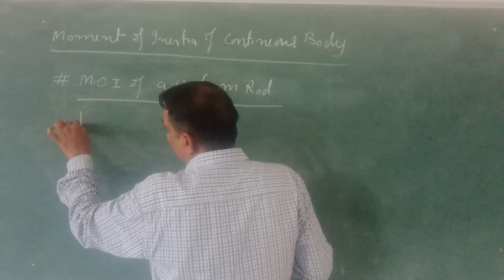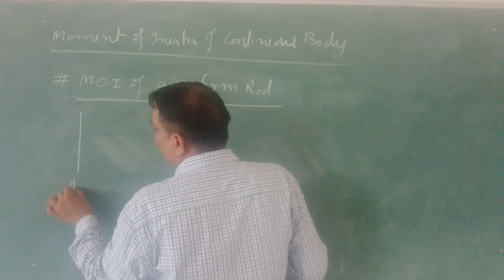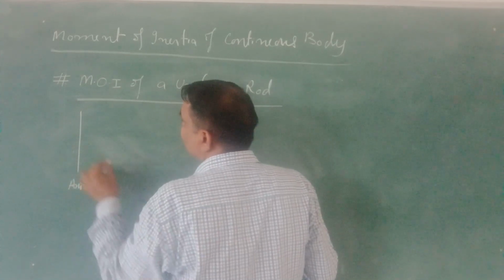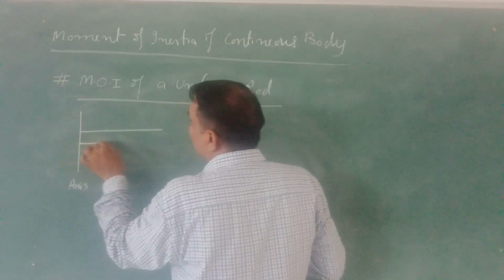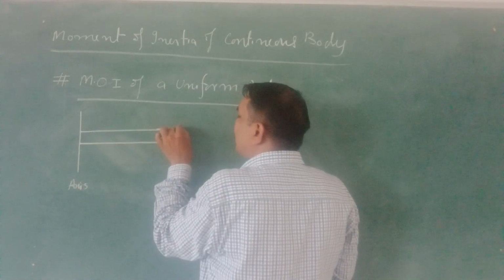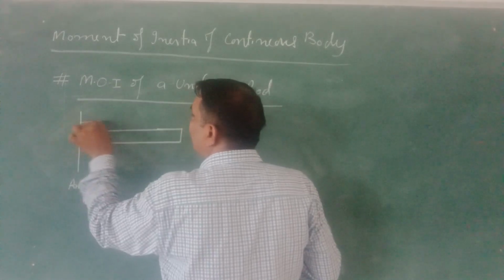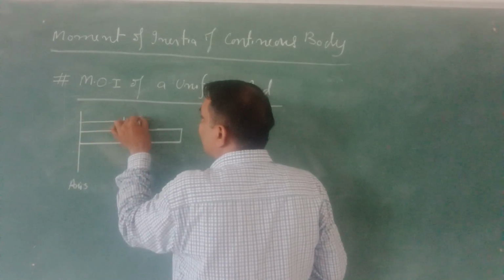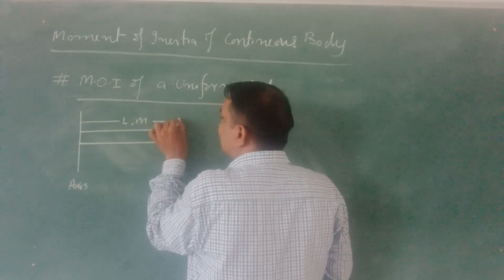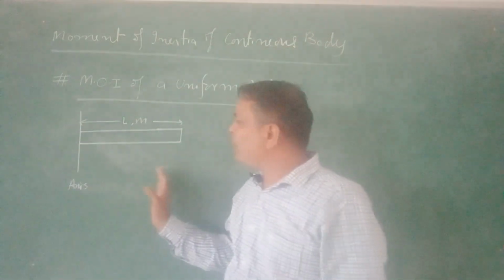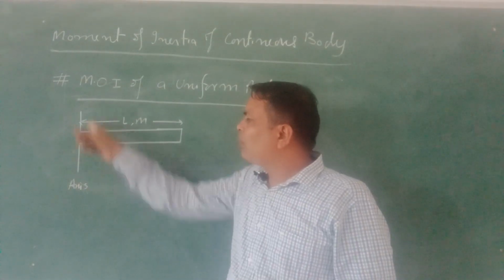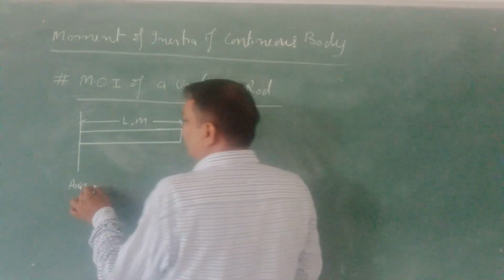So we first take the axis of rotation, and there is a rod of length L and mass M placed like this, and we have to find the moment of inertia of this rod about this axis of rotation.